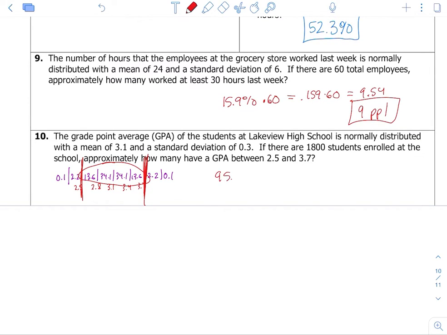But you have to multiply it by 1,800 to get how many of those students' GPAs are between those two. So 0.954 times 1,800 is equal to 1,717.2 students, which is just 1,717 students.